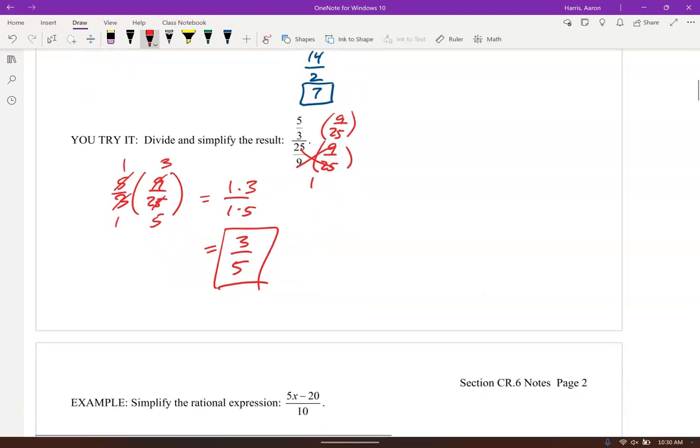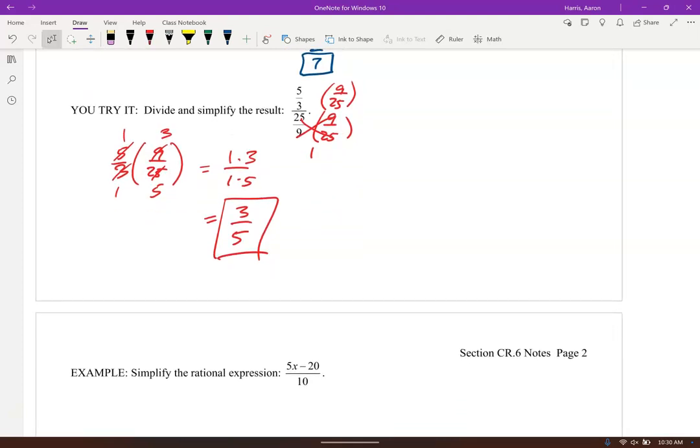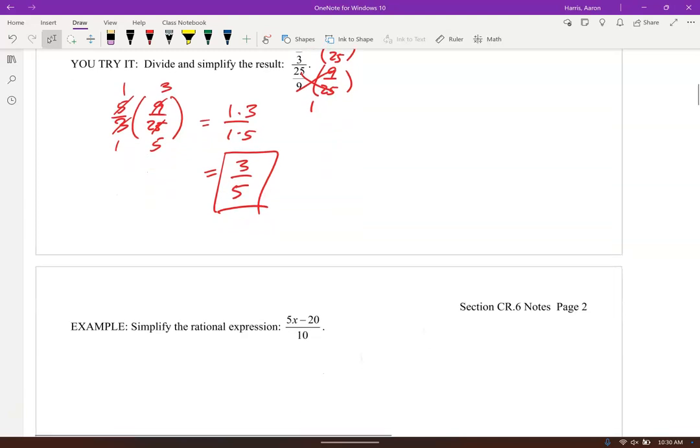So that's with numbers. Now let's go ahead and factor with some rational expressions, right? So we've got a variable involved here in our numerator. So let's go ahead and, what can we factor out of 5x and 20? Let's take 5 out, right?